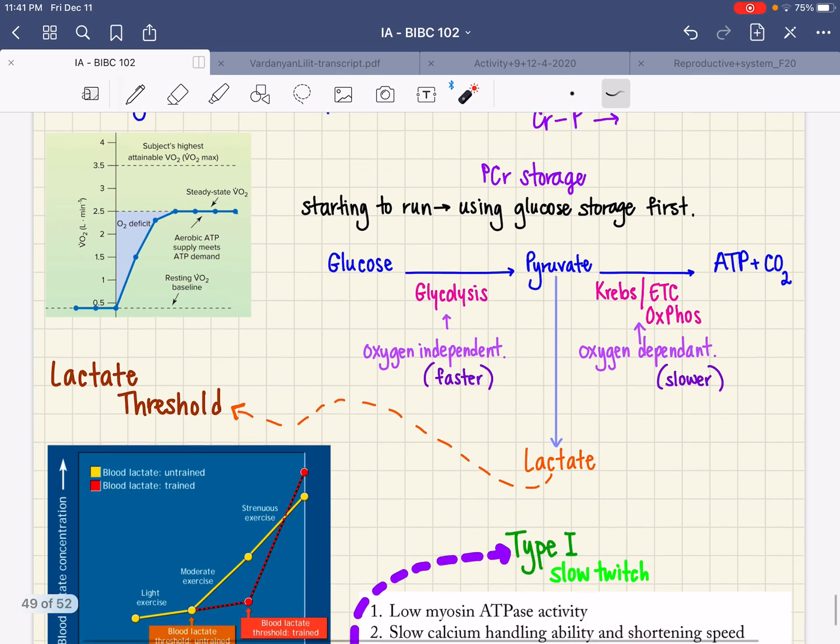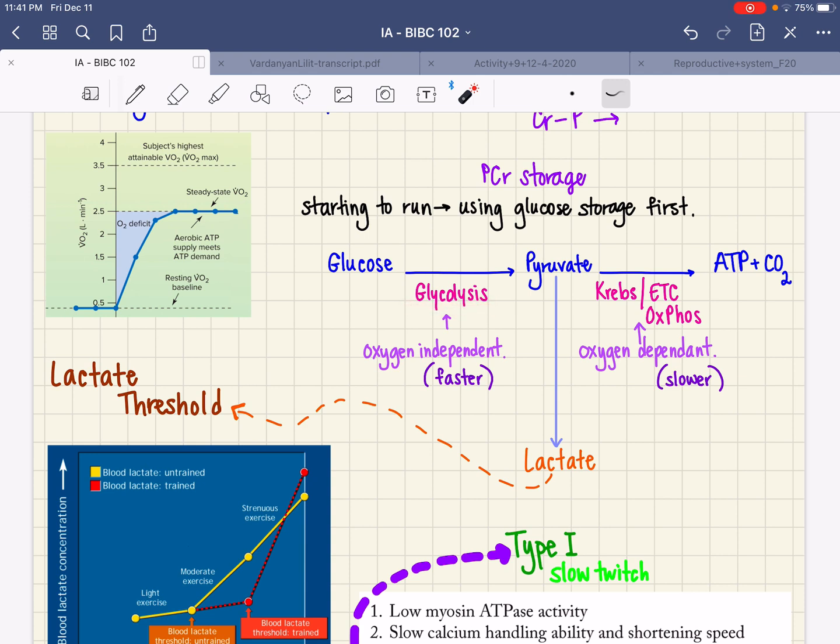Here I have drawn out the pathway of glucose. So the glycolysis portion of glucose breakdown is oxygen independent. We don't need oxygen to be able to do glycolysis.